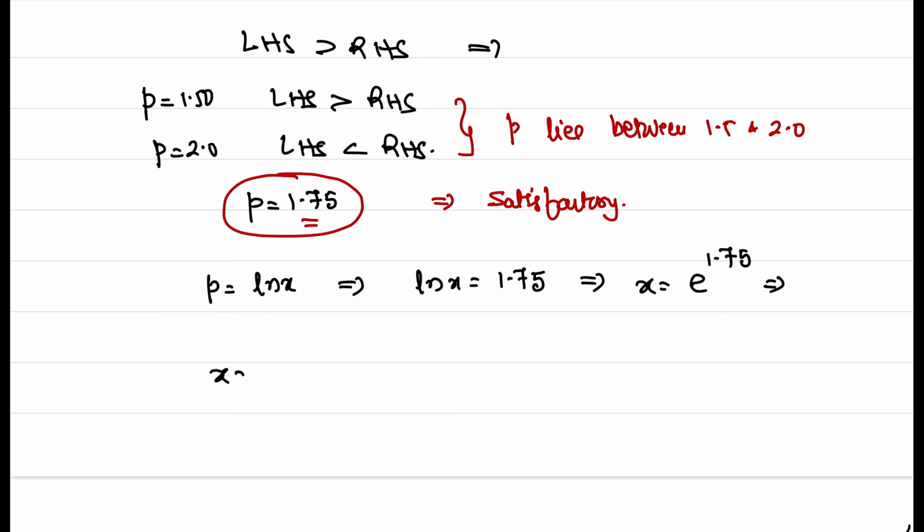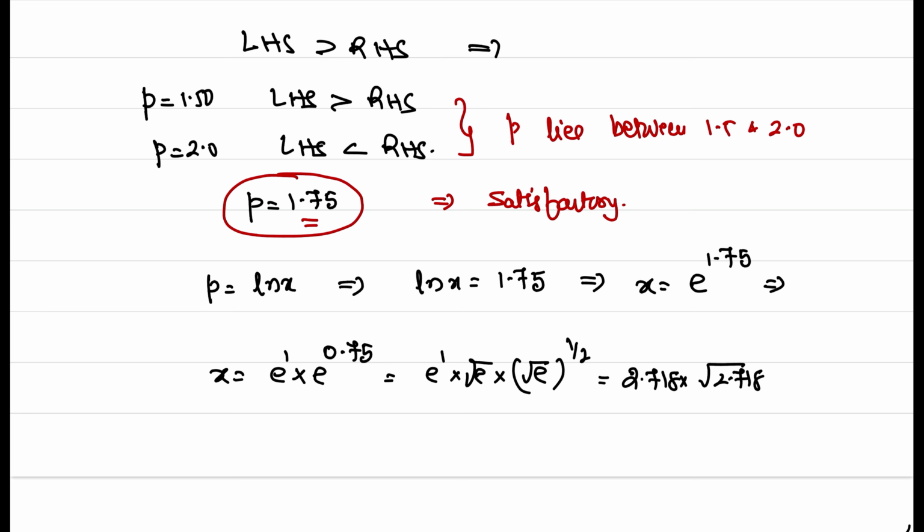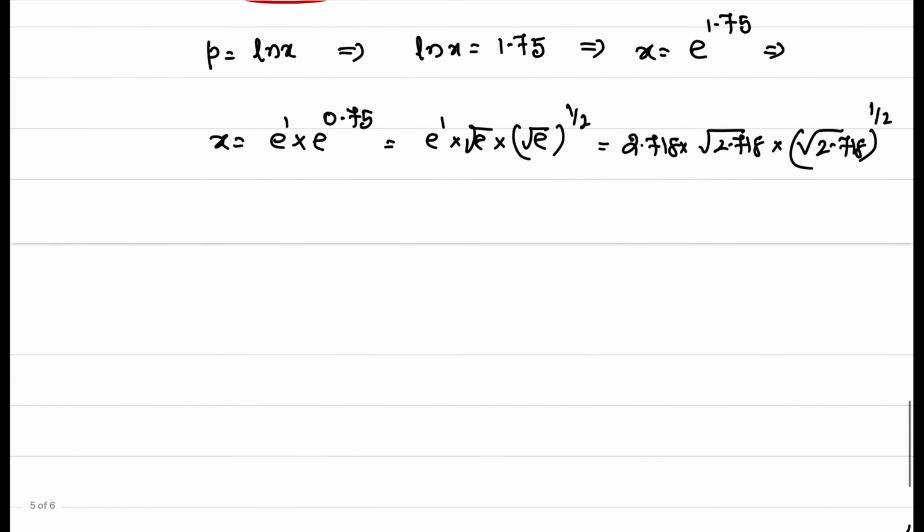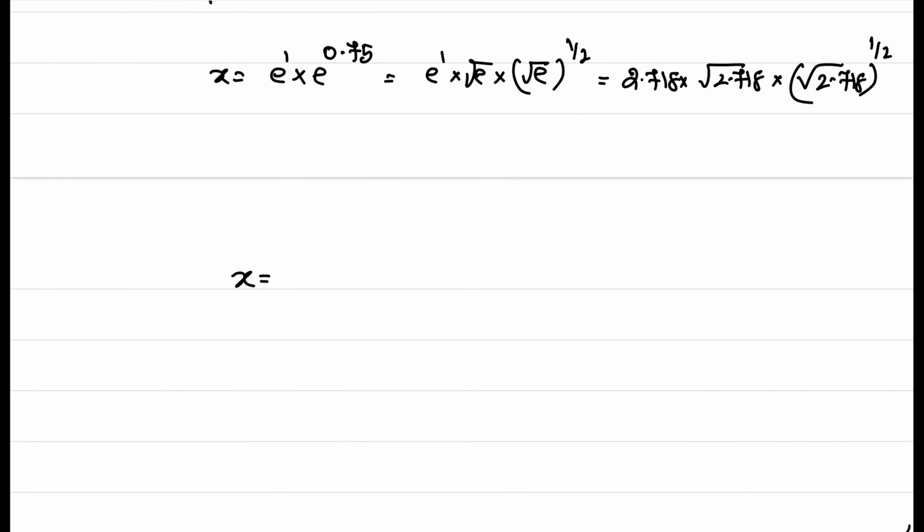That implies x is equal to e to the power of 1 into e to the power of 0.75. That is e into square root of e into the fourth root of e, which is 2.718 into square root of 2.718 into square root of 2.718 to the power of half, which approximately you can very easily find out by hand.